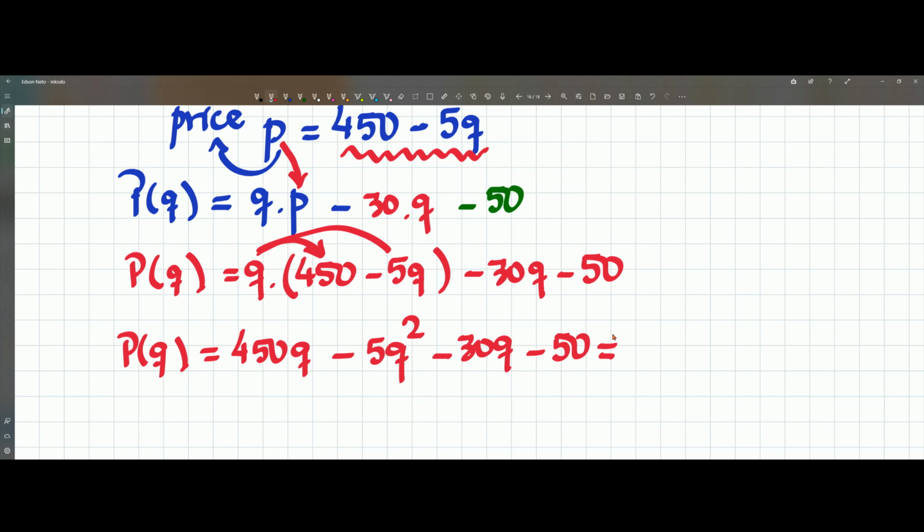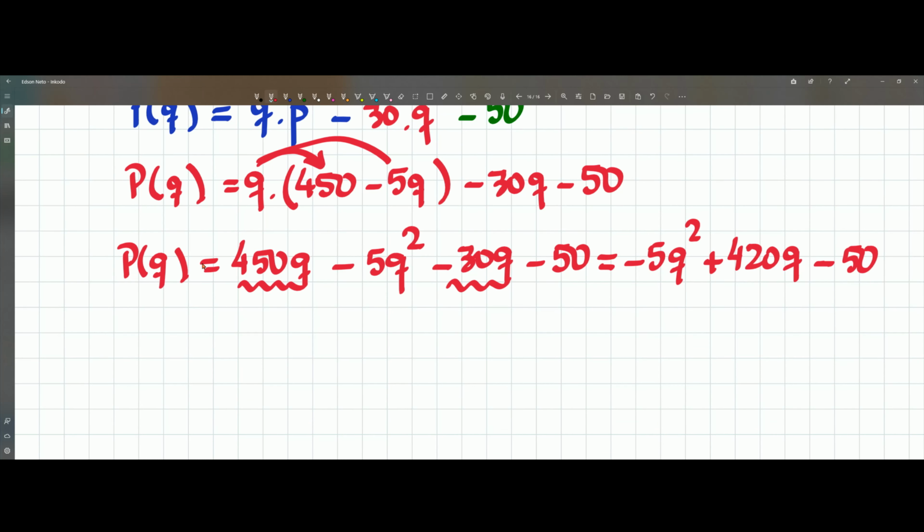That results in minus 5Q squared plus 420Q, because we subtracted these terms to this, minus 50, right? Alright, now we're having a quadratic expression.